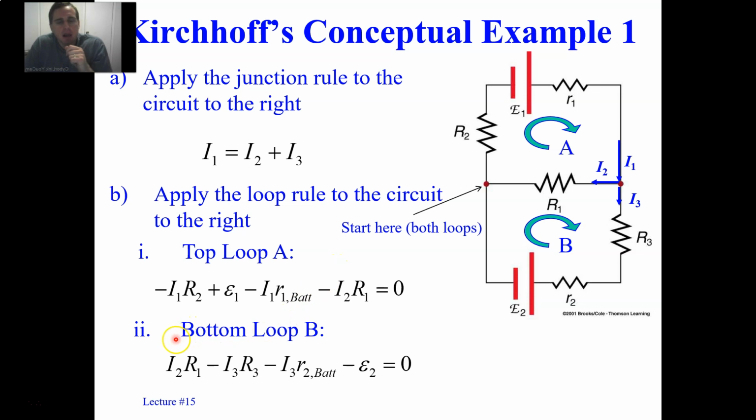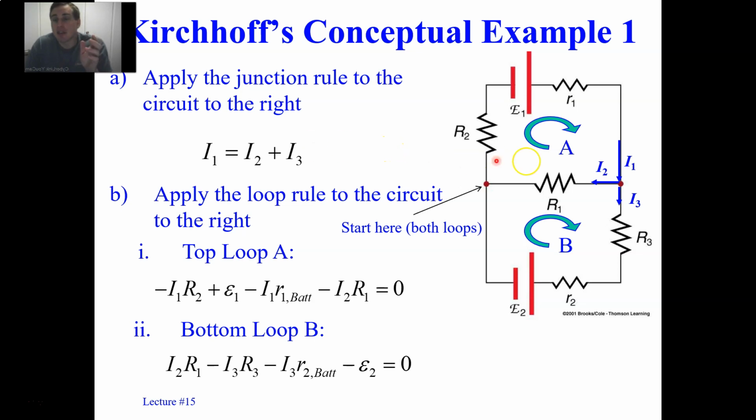And let's see, one more thing is, people have often asked me, can you do the entire outer loop as opposed to these inner loops? And again, sure you can. Now, by the way, there's many ways to construct loops here, but you only really need to do as many loops along with a junction equation that gives you enough equations to solve for the unknowns.